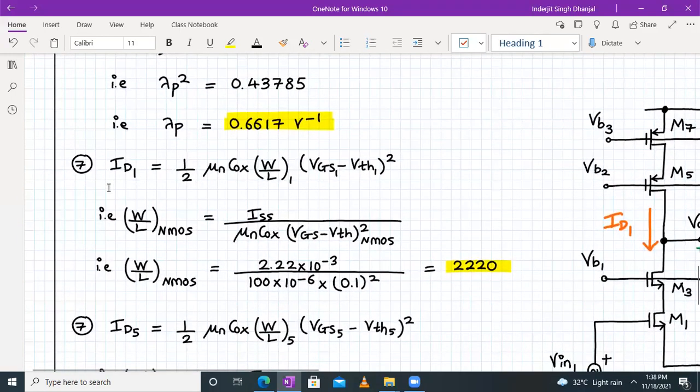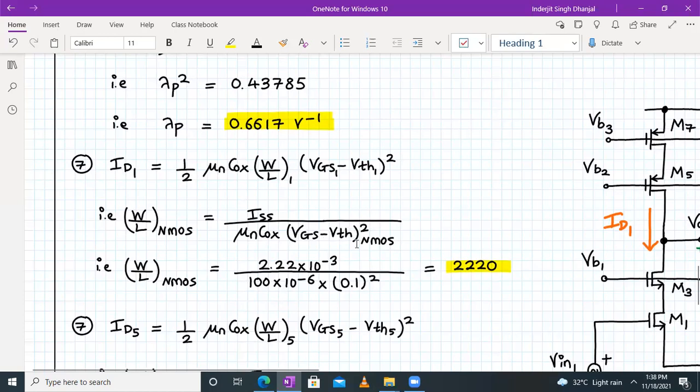Now we write the formula for drain current of ID1. So ID1 is equal to half mu n Cox W by L of 1 into VGS1 minus VTH1 the whole square. So I can rewrite this in the form W by L of NMOS will be twice ID. Twice ID is ISS divided by mu n Cox into VGS minus VTH the whole square.